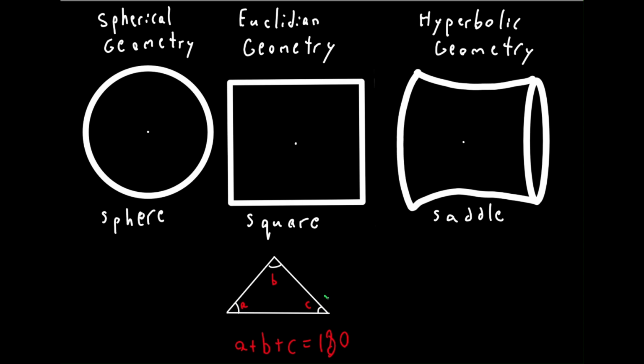You would be correct. Now let's draw a triangle on a sphere. Let's start off with the sphere. Well, wait a minute. The triangle's not straight on a Euclidean plane. In fact, it's curved.